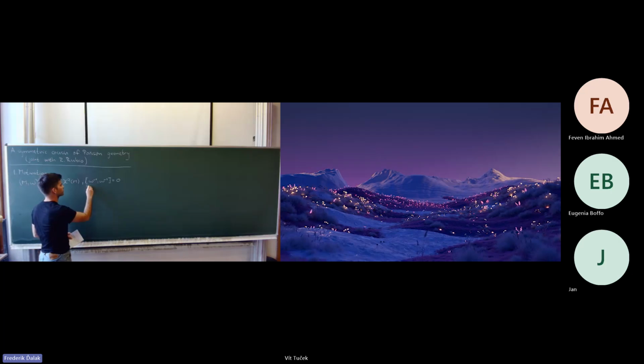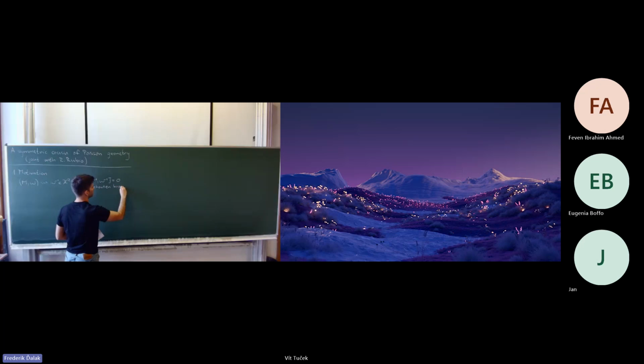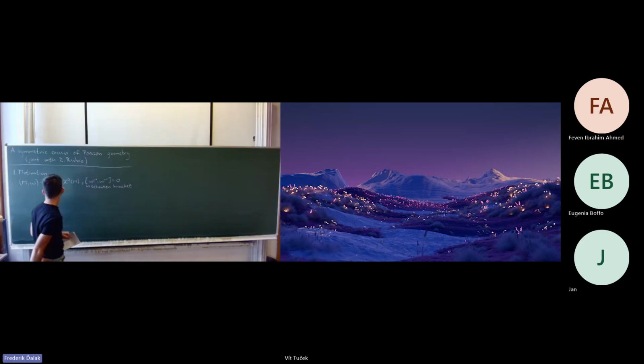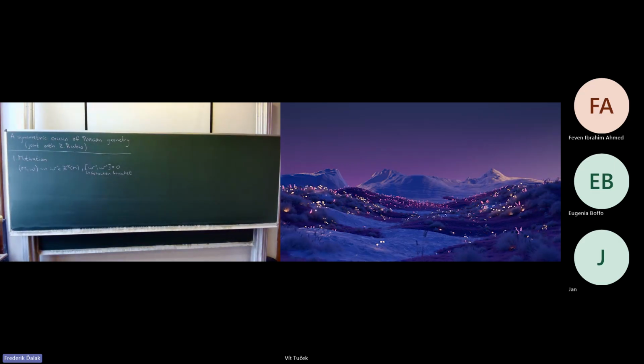Okay, this bracket here is a scalar bracket. I will tell you in more detail what that means if you haven't seen it before. But this is the important arrow which we will actually generalize, which is the motivation.